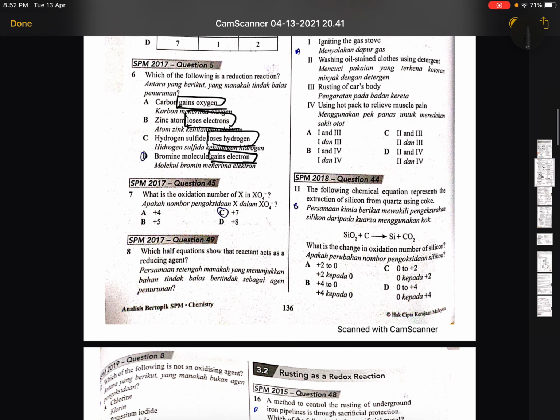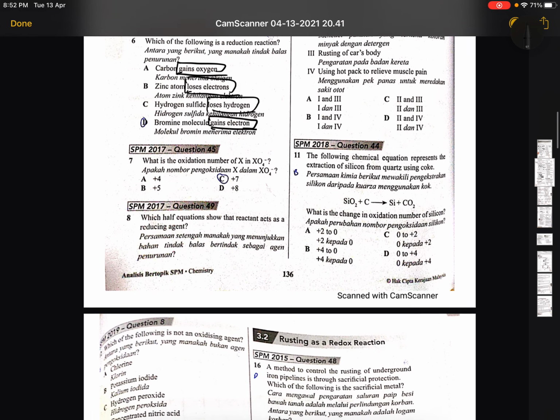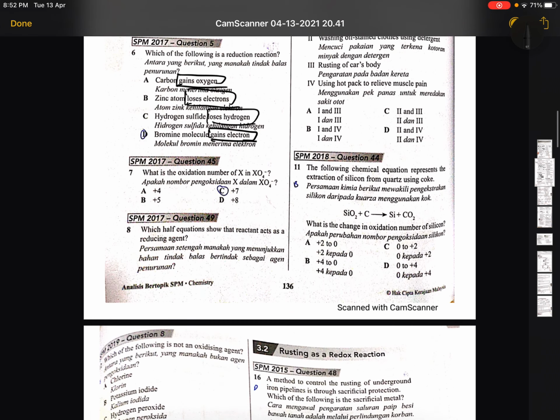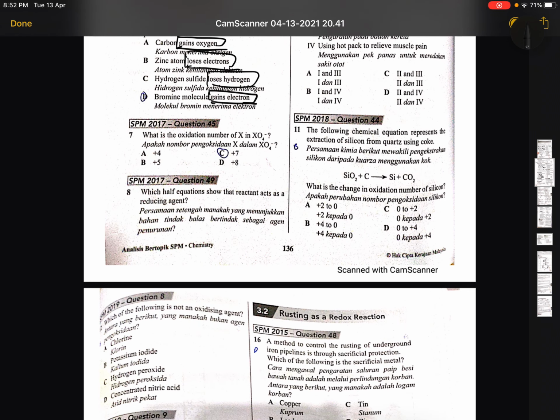Bromine molecule gains electrons. Oh yeah, I agree. Gaining electrons is reduction. Losing electrons is oxidation. Losing hydrogen is also oxidation, and gaining oxygen is oxidation as well.